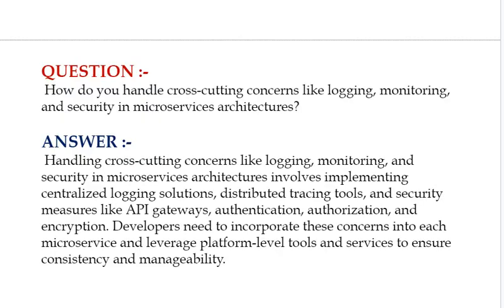Our next interview question is: how do you handle cross-cutting concerns like logging, monitoring, and security in microservices architectures? Your answer should be: handling cross-cutting concerns like logging, monitoring, and security in microservices architectures involves implementing centralized logging solutions, distributed tracing tools, and security measures like API gateways, authentication, authorization, and encryption.